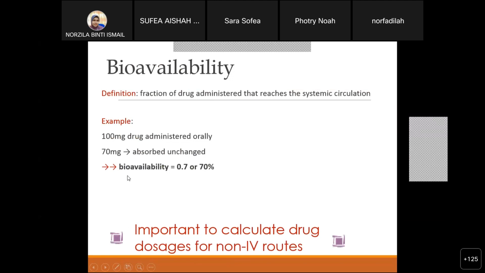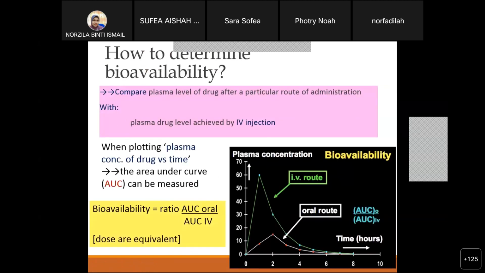Same if I give you the bioavailability value and the initial amount of drug, you can calculate the drug absorbed unchanged. So this one we use area under curve. Normally, if I want to ask you, I will just give you the values so that you can calculate.